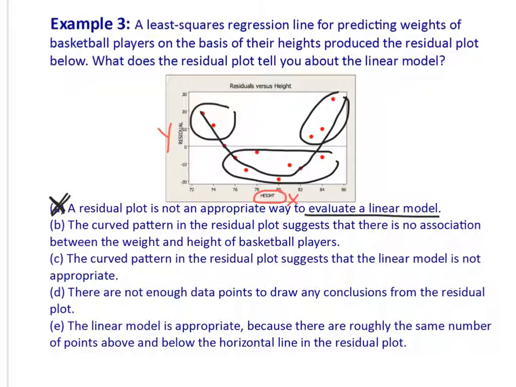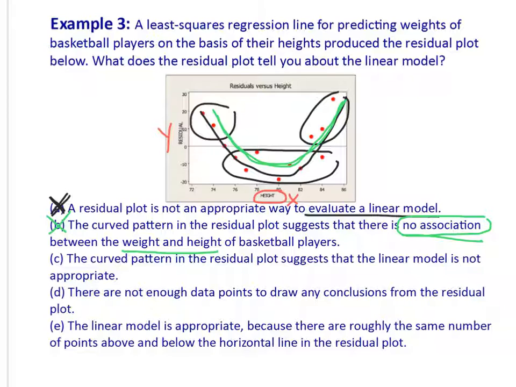B says the curved pattern of the residual plot suggests that there is no association between the weight and height of basketball players. Well, this no association is going back to chi-squared, but there actually is an association. It goes down, then up. There is a curve to my graph. There is a pattern. So there is an association, meaning B's wrong.